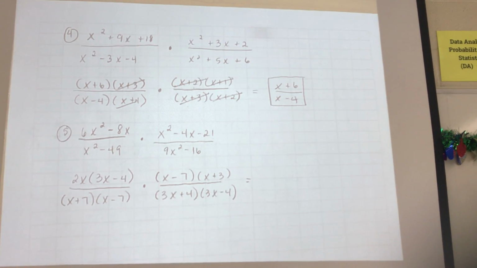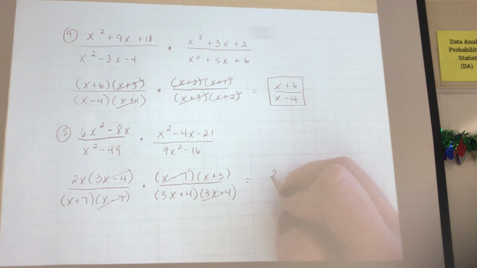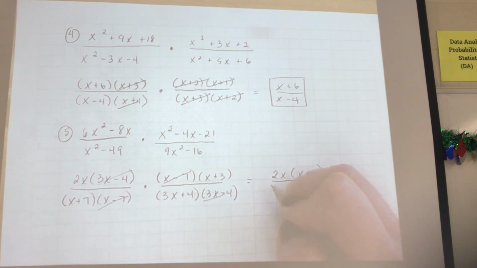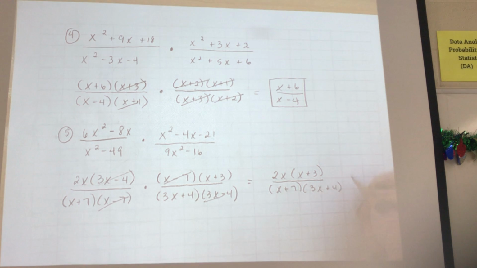And now I'm going to look for my common factors. Here goes. I have a 3x minus 4 and an x minus 7. And I think that's all that's remaining. Here is my simplified expression.